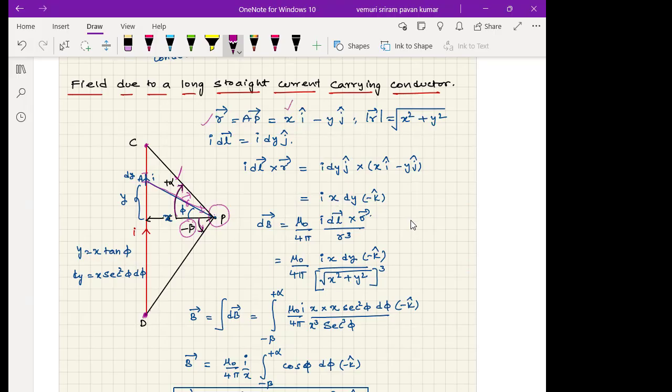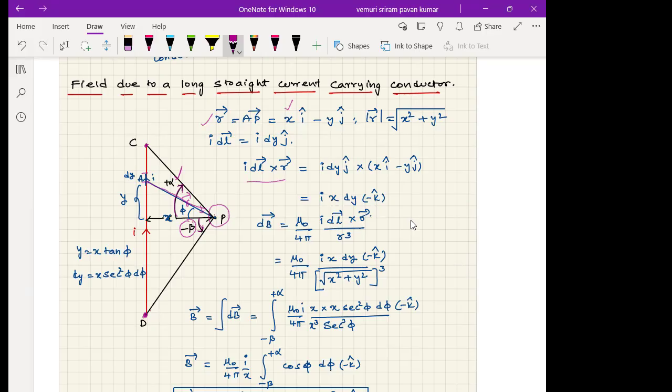What is I dl vector? Simply I dy j cap. I have given two terms. The third term you will get by itself, the cross product. So I dy j cap cross (x i cap minus y j cap).